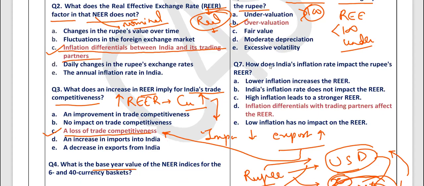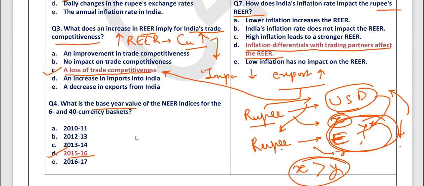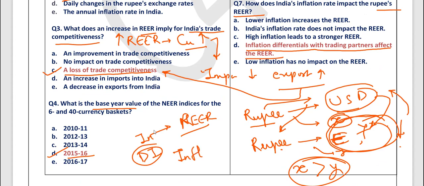Other question was, how does India's inflation rate impact the rupee's REER? So the answer would be inflation differentials with trading partners affect the REER. Inflation taking place in India alone won't have an impact on NEER or REER, but only the differential of inflation.